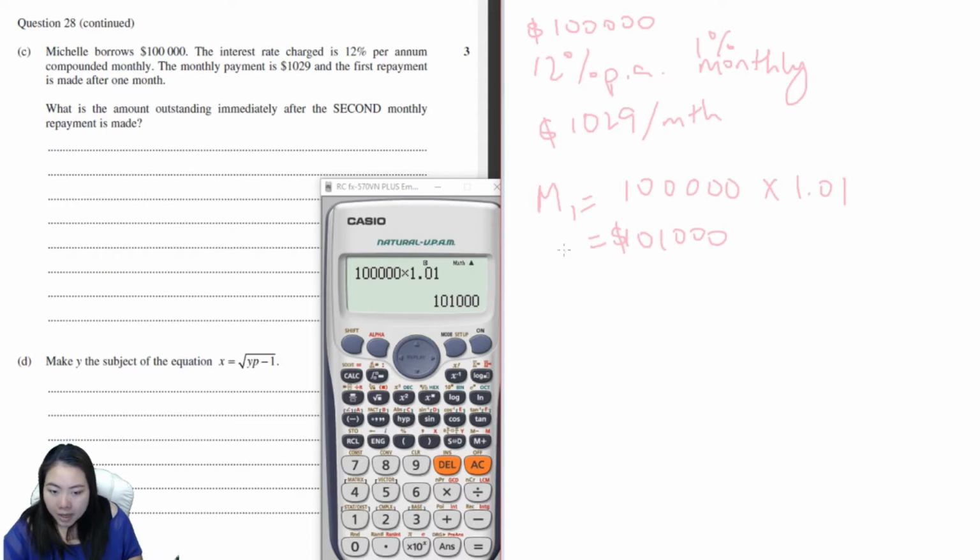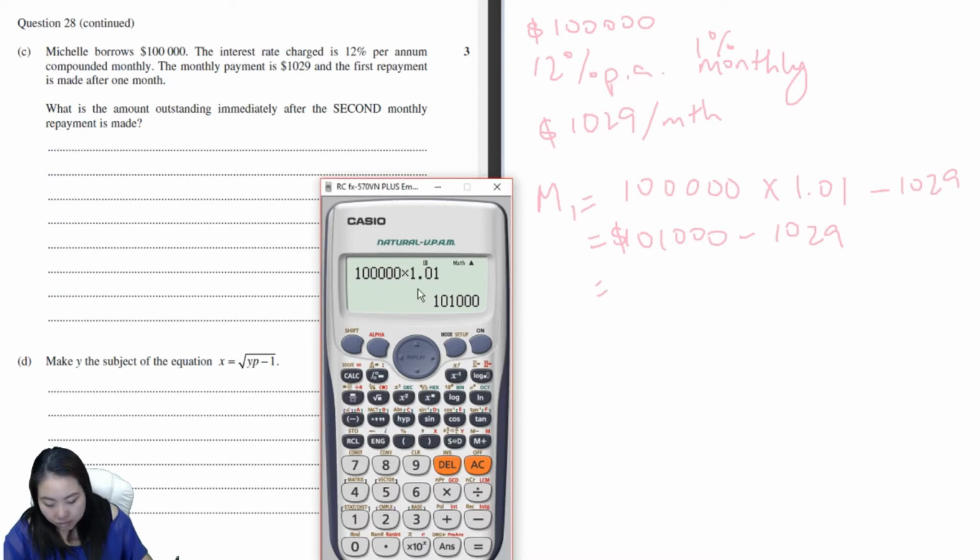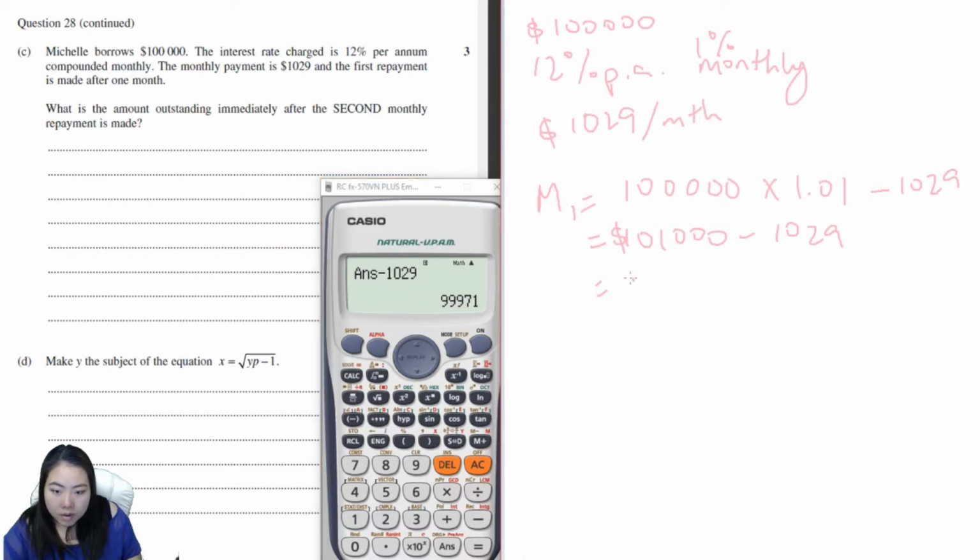But then she made her repayment, and her repayment is $1,029. Therefore, she now only owes $99,971. Month 2, again she's going to get interest on this, and again she's going to make a repayment.